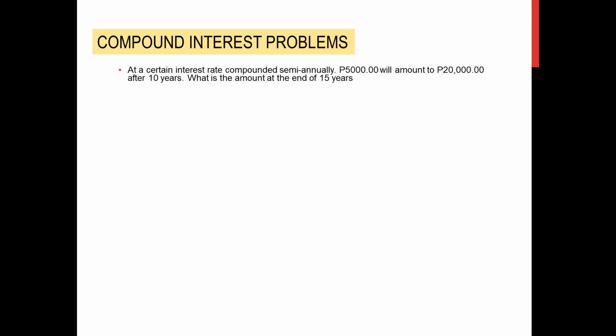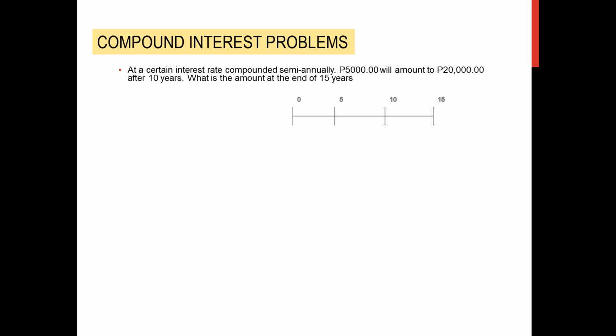So let us have another example here. At a certain interest rate compounded semi-annually, 5,000 pesos will amount to 20,000 pesos after 10 years. What is the amount at the end of 15 years?